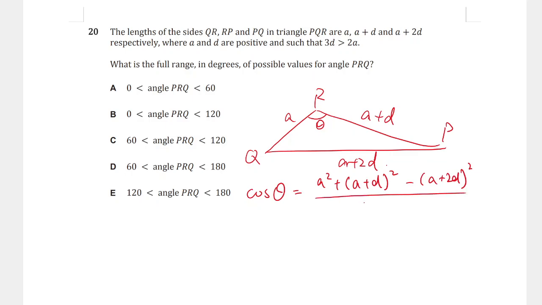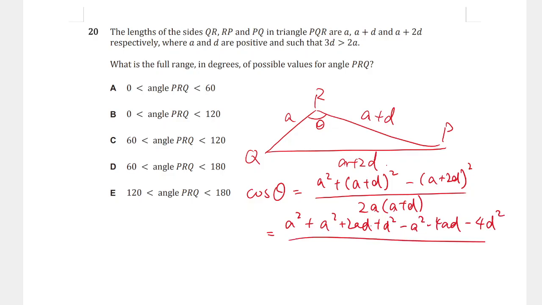Over 2bc, so 2a, a plus d. Okay, so now this is just an expansion exercise, which we just have to do. So this is a squared plus 2ad plus d squared minus a squared minus 4ad minus 4d squared, divided by 2a, a plus d.